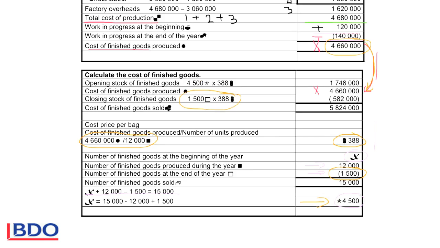So if I take my opening inventory plus the finished goods that we made during the current year, minus the finished goods that are not sold by the end of the year, we can calculate the cost of finished goods sold. Now, what is the cost of finished goods sold? That is the same as cost of sales.